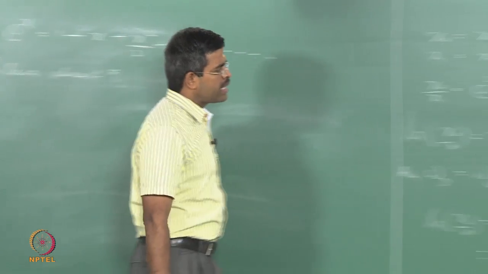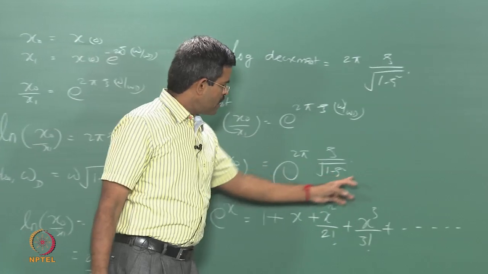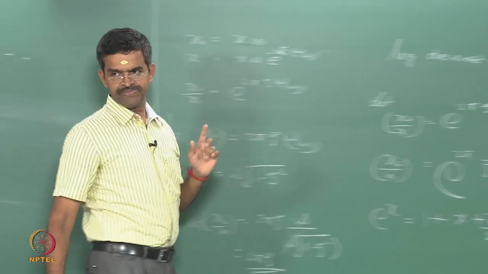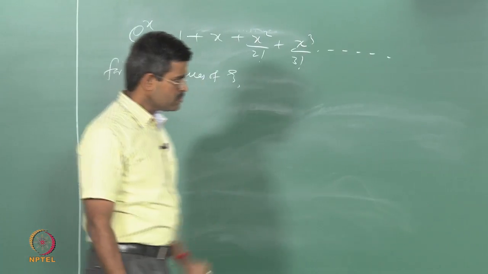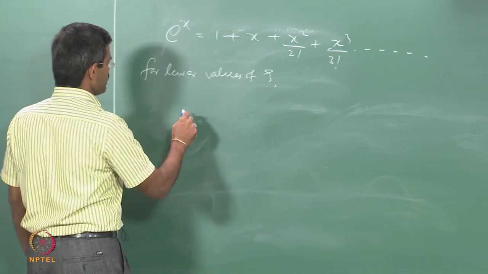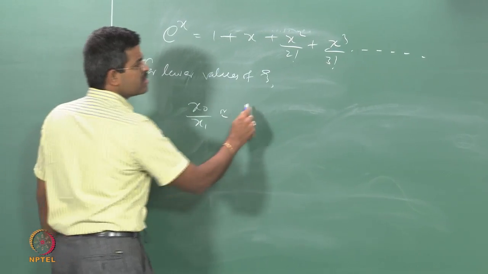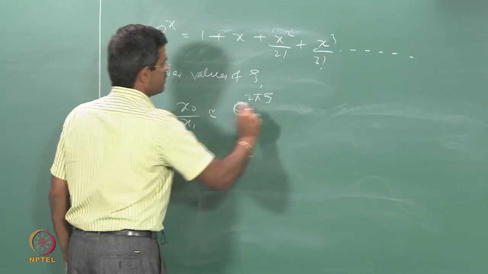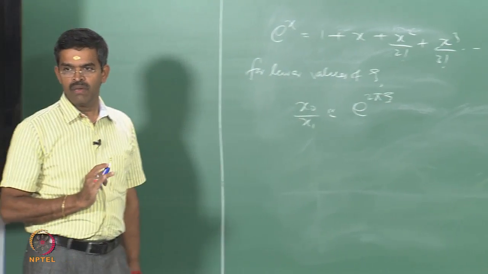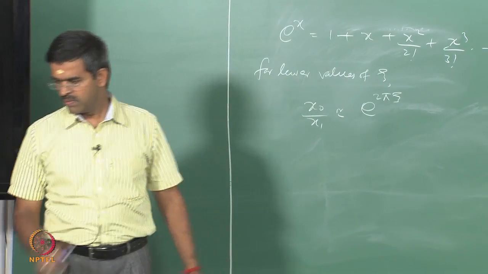In that case, the denominator will tend to become unity. So, I can always approximate x naught by x 1 as e power 2 pi zeta. I can approximate this.